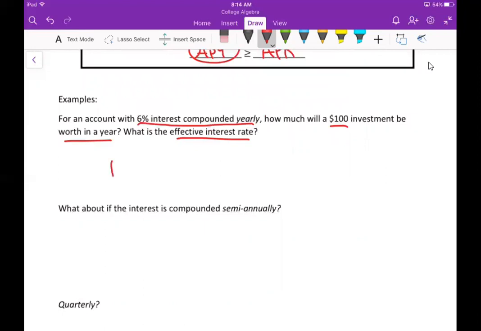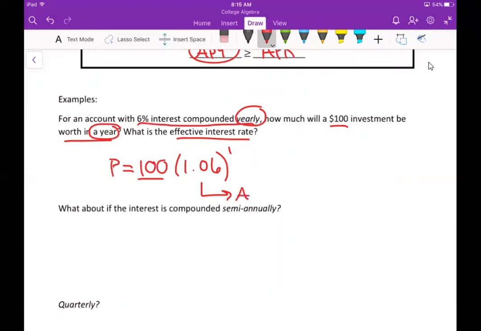So the formula we were just looking at would say, okay, you can get that end amount if you take that $100 times 1 plus your interest rate, 1.06, since it's 6%. And we're only going to do this for a year. We're going to figure out how much the investment will be worth in a year. So we just take that to the first power. So right here, you can see that your actual investment in 1 year is going to get multiplied by 1.06.